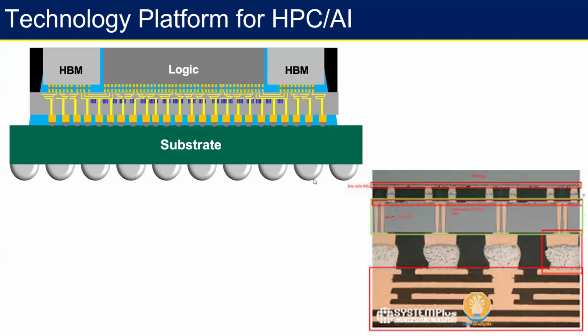These gray things you see are typically called bumps. That means these are solder bumps, which are connecting. You would have heard of this, or probably faced this issue in your mobile, that the bumps or the soldering to the board is not correct, right?